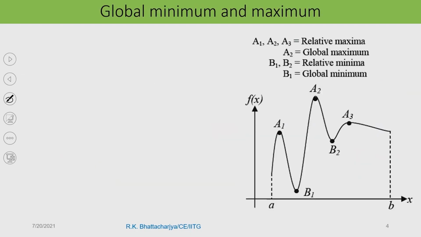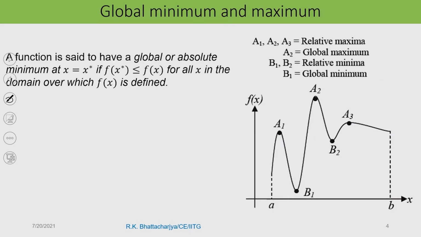Now, in this particular curve, I have shown you a function. If you look at this function, a1 is a point and this is a maximum point, then a2 is also a maximum point, and a3 is also a maximum point. You can say these are all stationary points. Why stationary?